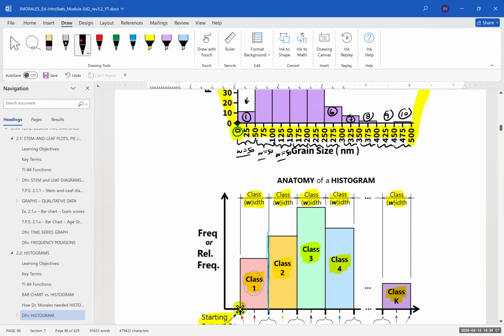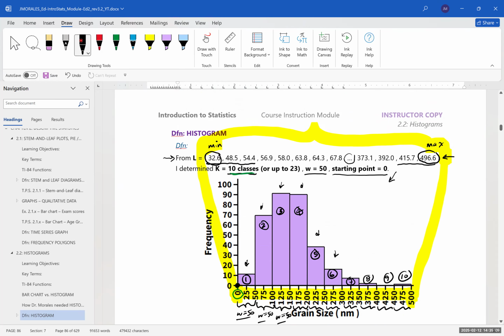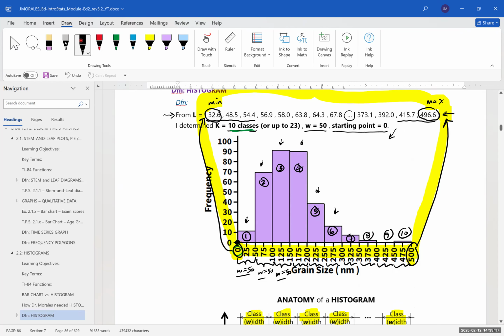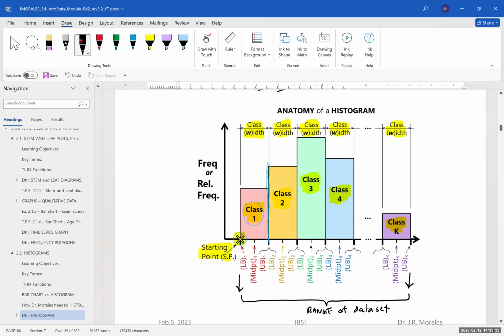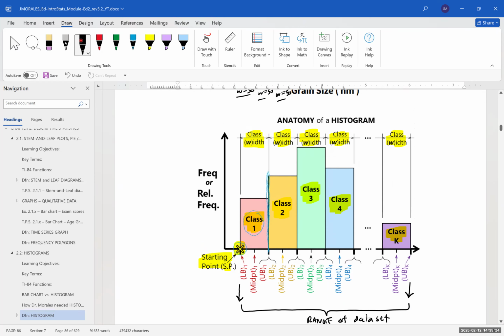And this is kind of what I highlighted up here in yellow when I highlighted 500 being greater than our maximum and 0 being lower than our minimum. Okay, the histogram has to encompass all of our data in order to be a credible, consistent representation of our data.